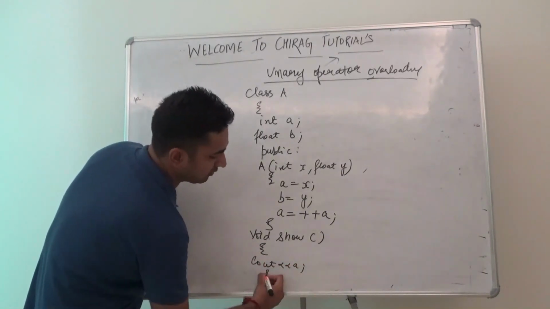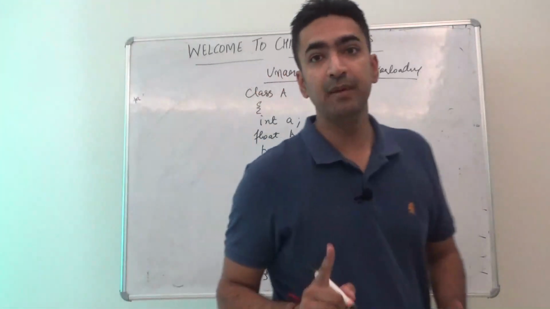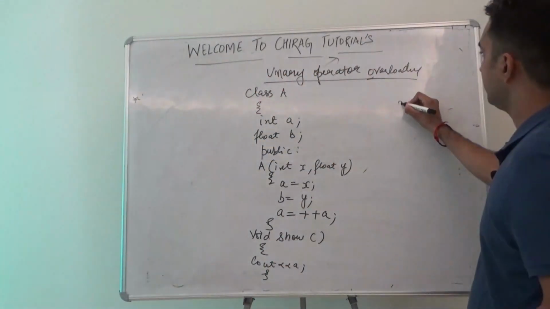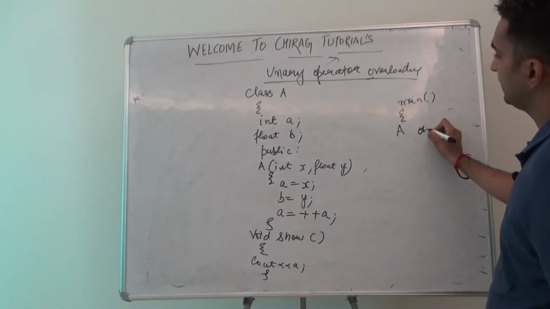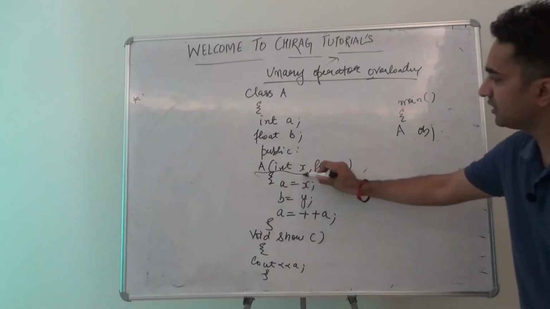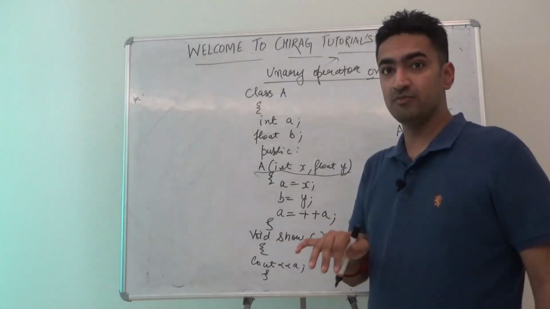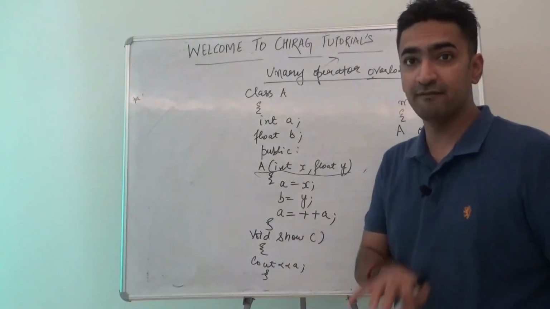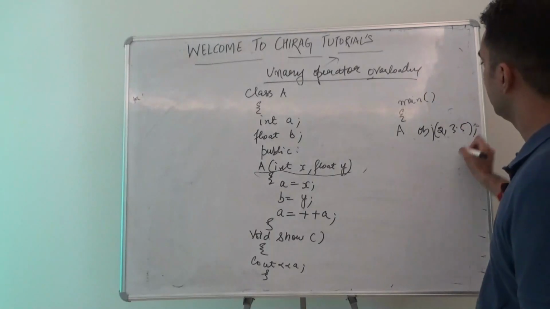So guys, I'm working with a only. Now I write main and create the object. Since I have used a parameterized constructor, I will be using an object which has parameters. I'm writing A obj(2, 3.5), right?